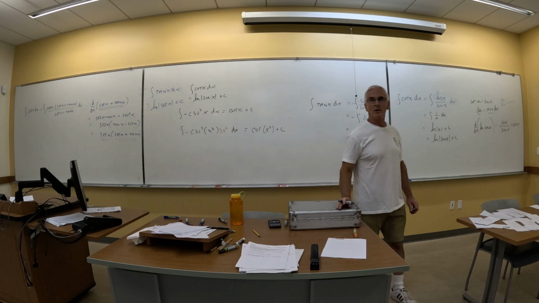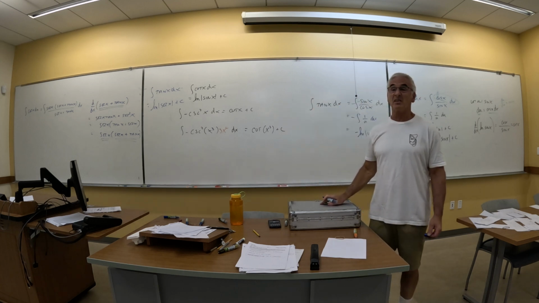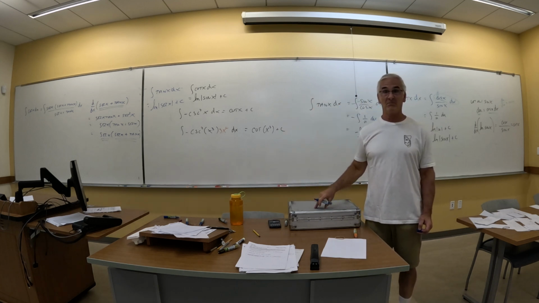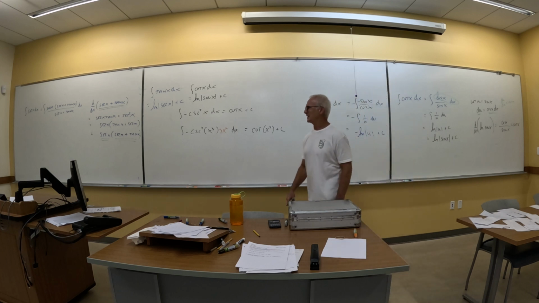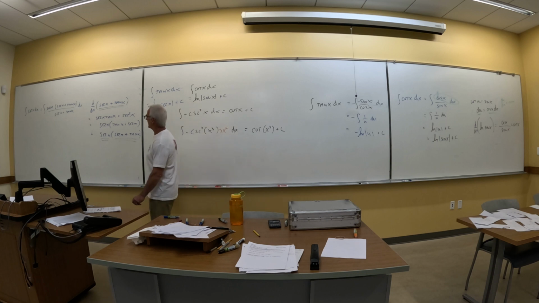I just multiplied numerator and denominator by the same quantity. Is it legal? Yes. Why the heck would I do something as insane as that? Because tell me about my numerator compared to my denominator. Isn't my numerator right now exactly the derivative of the denominator?